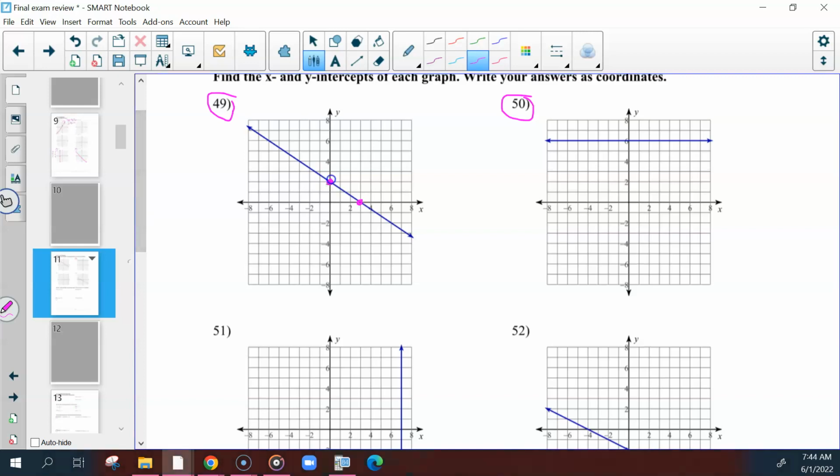So here and here. And you would write those as ordered pairs. So for your y-intercept, that would be the point 0, 2. And for your x-intercept, that would be the point 3, 0. Is that it? Mm-hmm.